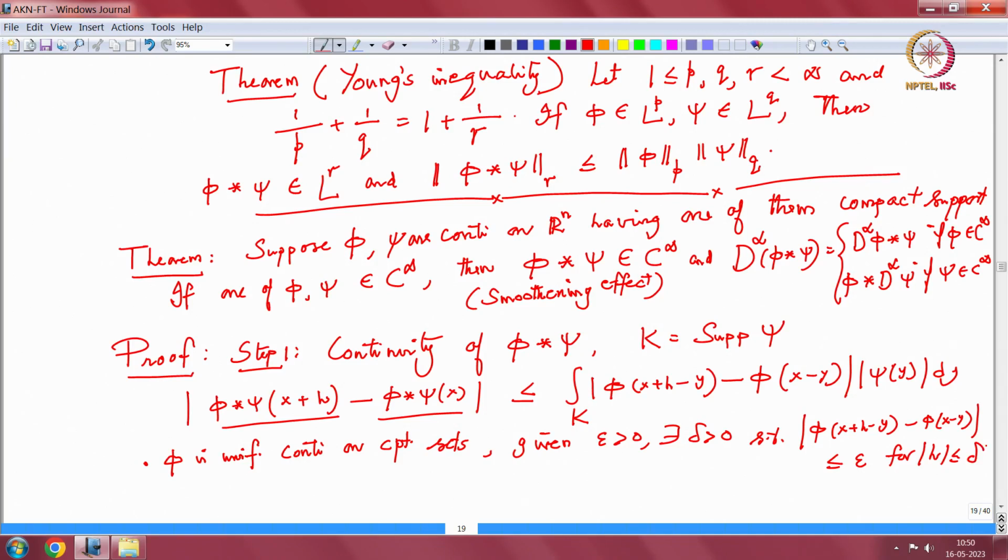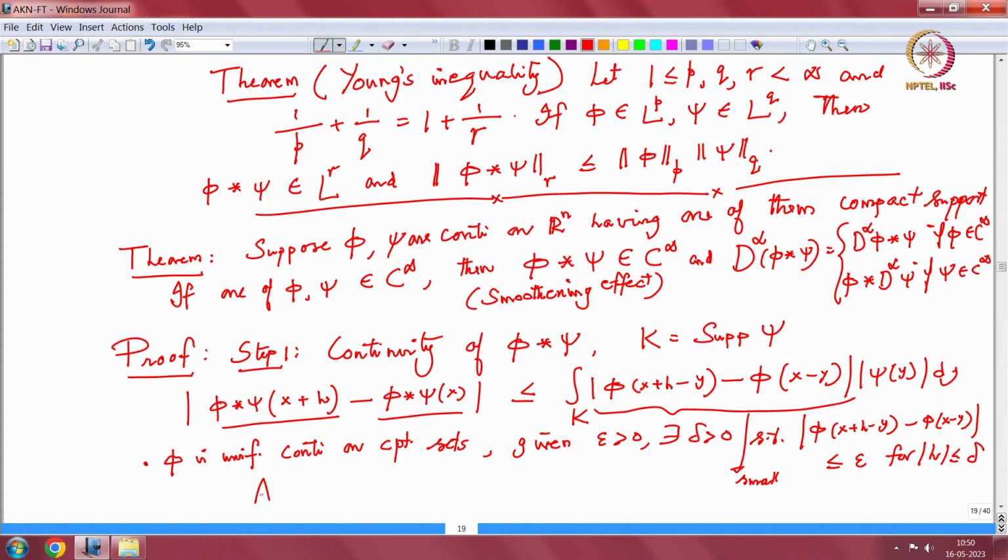So, by choosing h small enough, you can make this small, that is what it is saying. Once that is less than epsilon, you can take it out, and then psi is an integral of psi over k, which is a finite quantity. So, basically this integral is small.